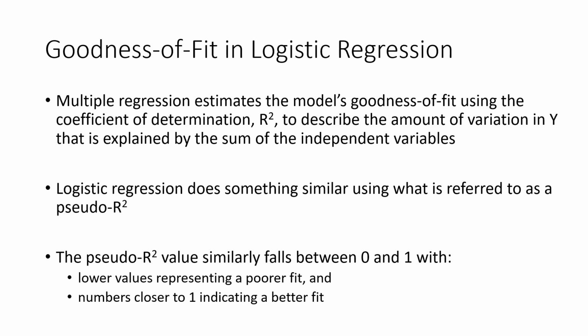And the way we would interpret it is that lower values, that is to say values that are closer to 0, represent a poorer fitting logistic regression model, whereas higher numbers, that is to say numbers that are closer to 1, indicate a better fitting logistic regression model.